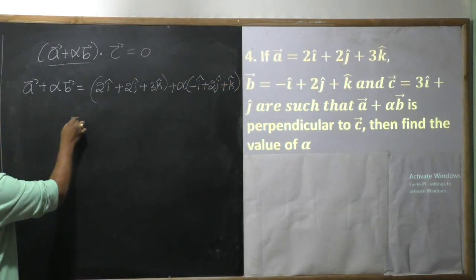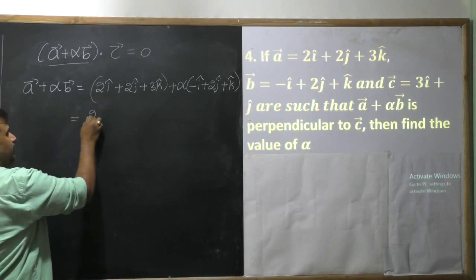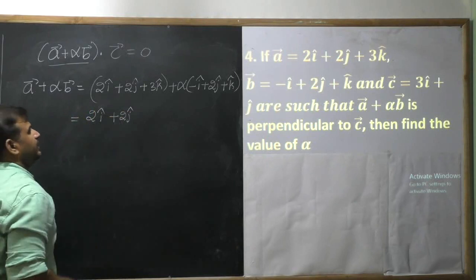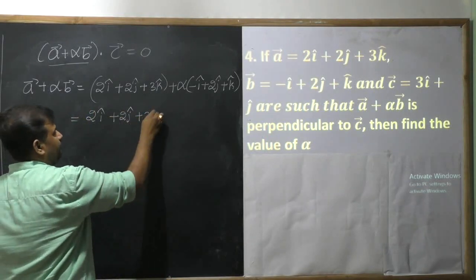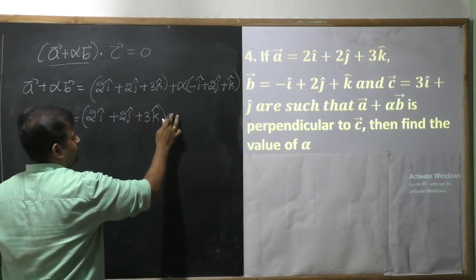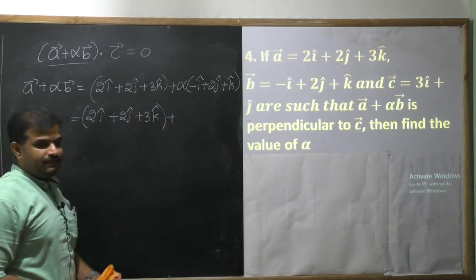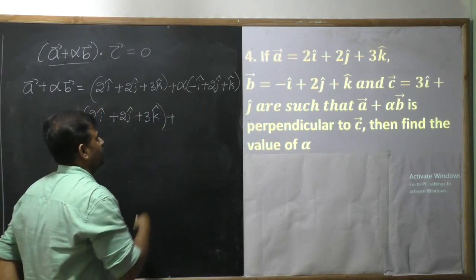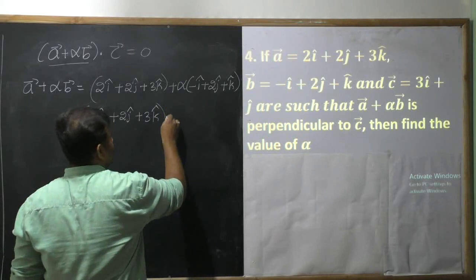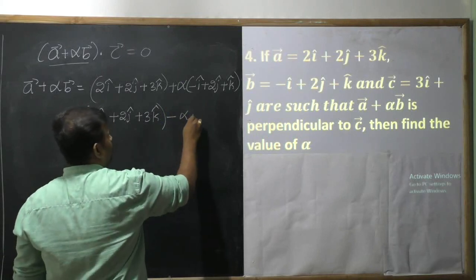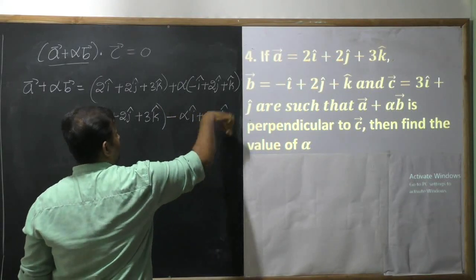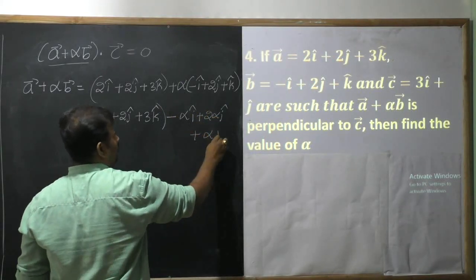So clearly this is 2 into i cap plus 2 into j cap plus 3 into k cap, plus, just multiply this scalar to the vector components, minus alpha i cap plus 2 alpha j cap plus alpha k cap.